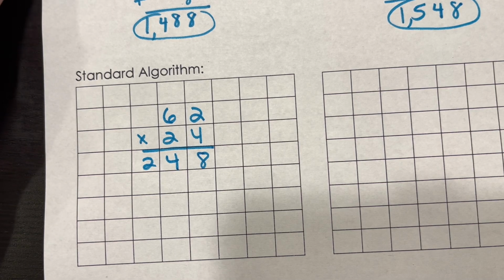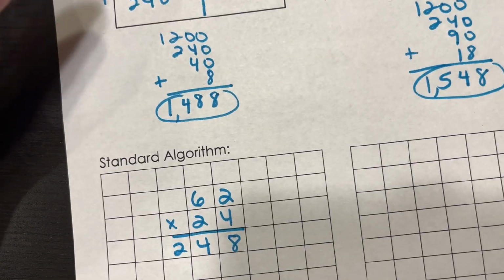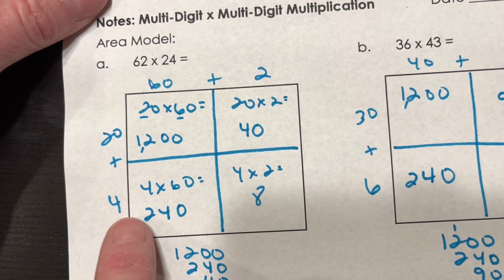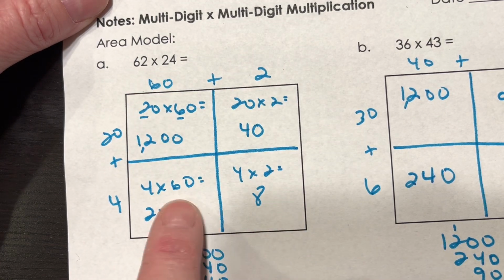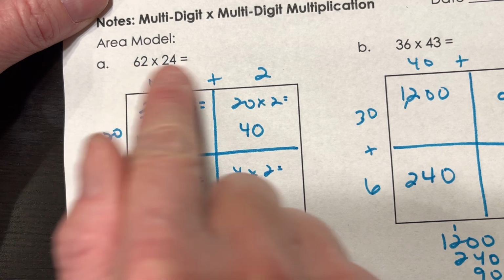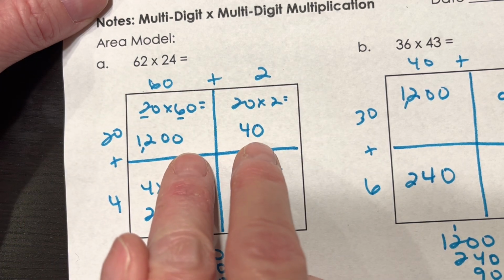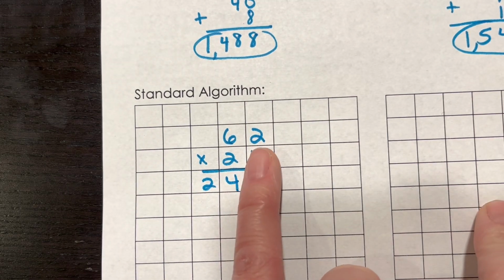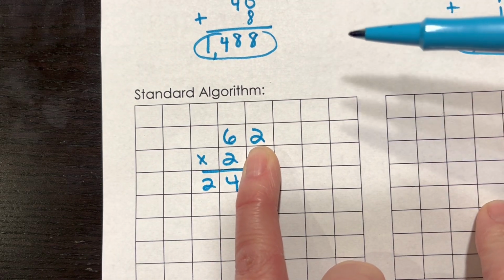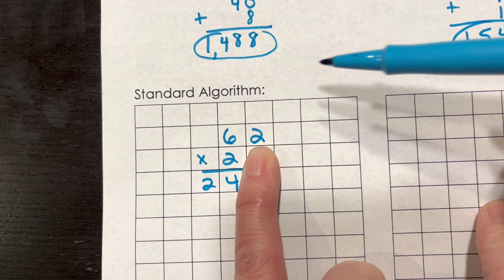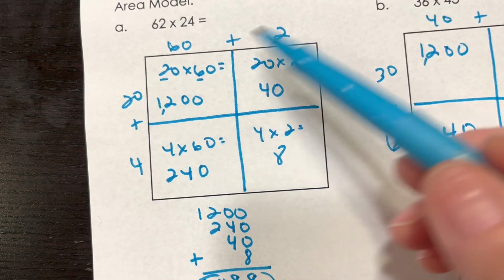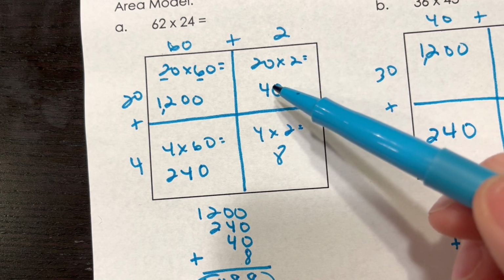So now what we need to do is we need to multiply the 20 by the 62. So right now we did the 4 times the 62 right here. Now we need to do the 20 times the 62 like we did right here. So I'm just gonna kind of cover up this 4 for a second here. We do the same thing. I want to take the 20 times the 2, like we did right here, 20 times the 2, to get our 40.